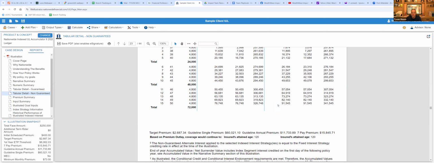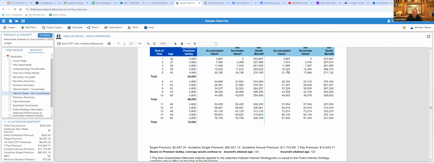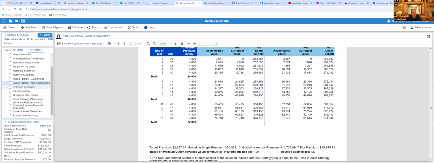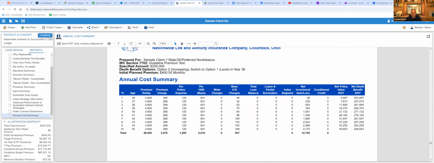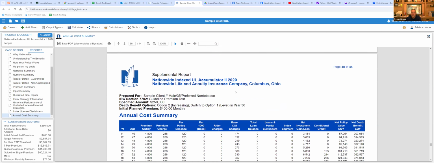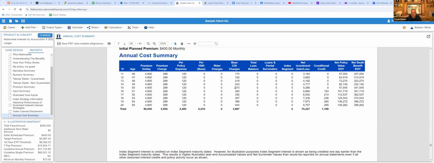In the early years of a policy, your cost of insurance isn't going to be much higher on an increasing death benefit when you're in your 30s and 40s, because on an increasing death benefit, we're paying for that full $250,000 of coverage every single year. And so just to bounce down here to the annual cost summary, if I look at this base cost of insurance charges, you can see that increase is just not relevant.